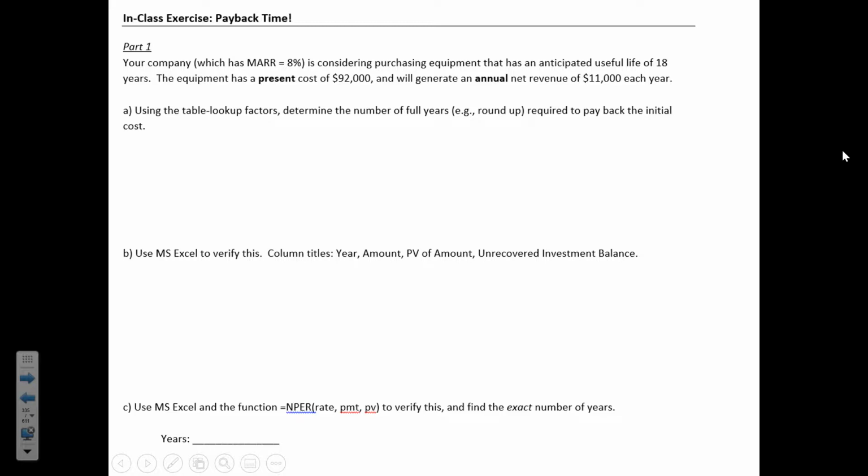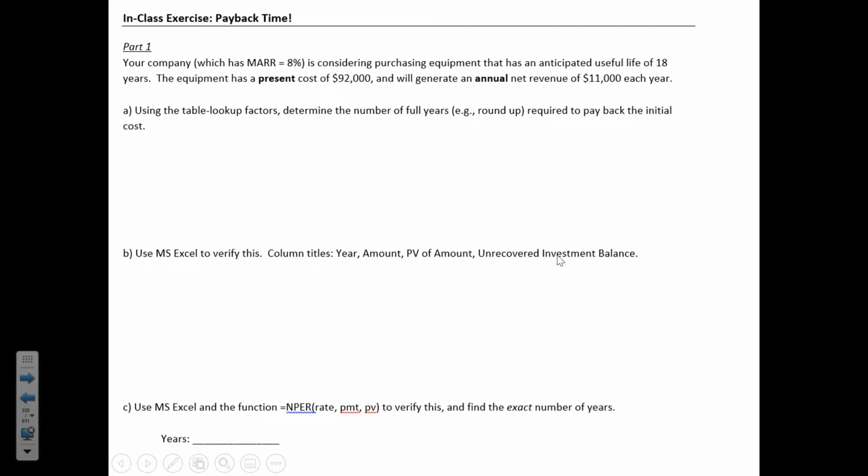So let me pause for a second, and after you go through this hand calculation part with the table, then fire up Excel and create a spreadsheet with the following column titles: year, amount, PV of amount, and then unrecovered investment balance.